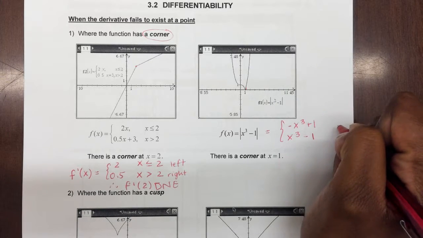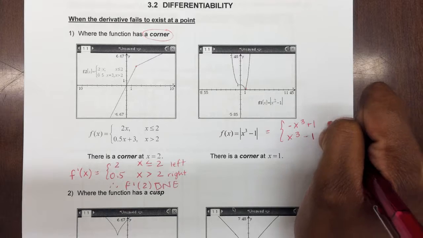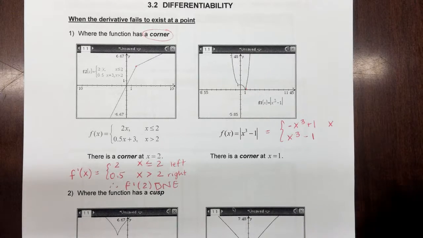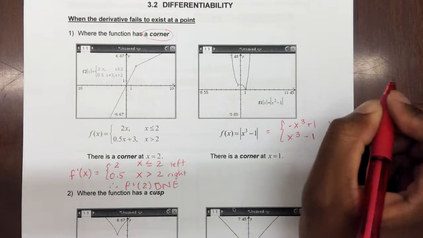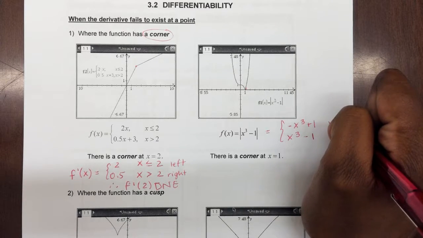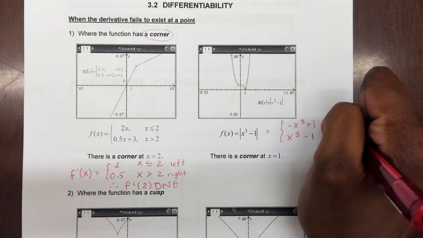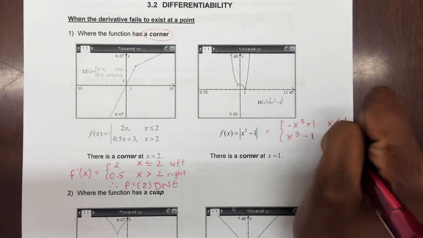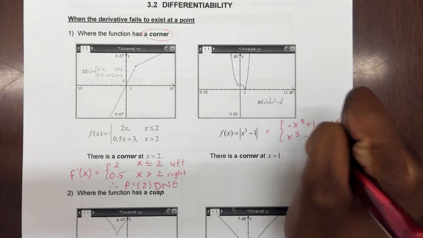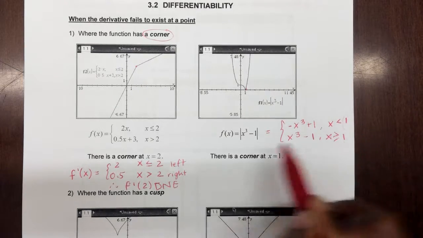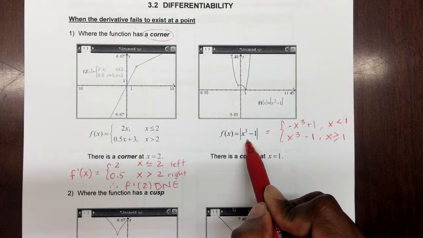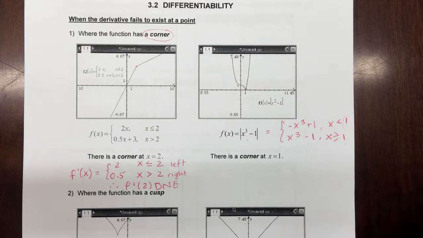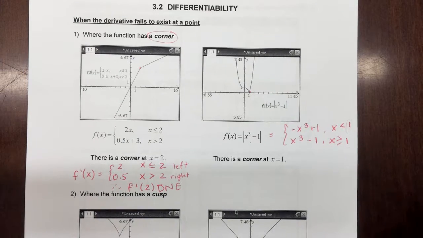Then for our intervals for x, we're looking at what would make the absolute value equation equal to 0. Here, it would be x being less than 1. Here, we have x being greater than or equal to 1. So 1 is what would make our absolute value equal to 0, so that is the point we are paying attention to when dividing our piecewise function.